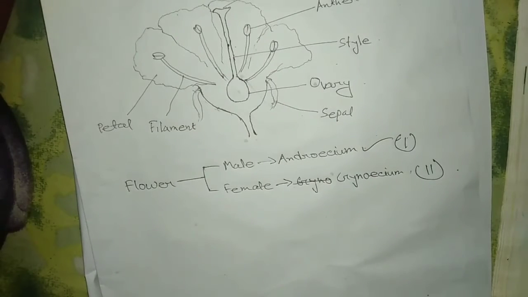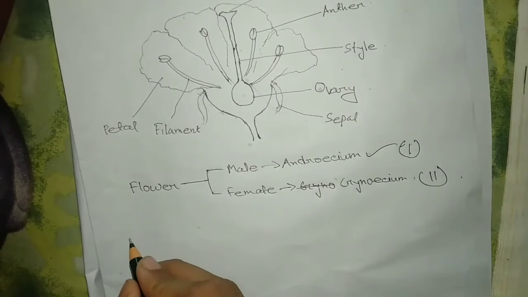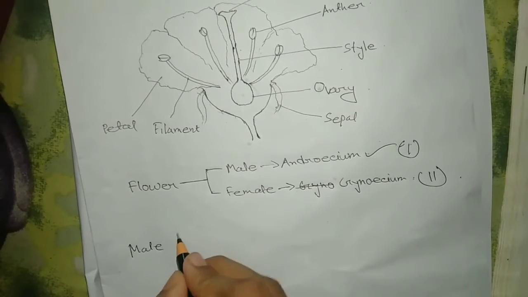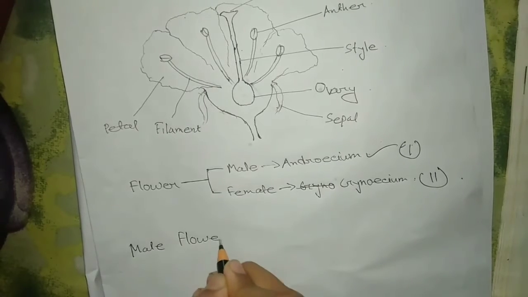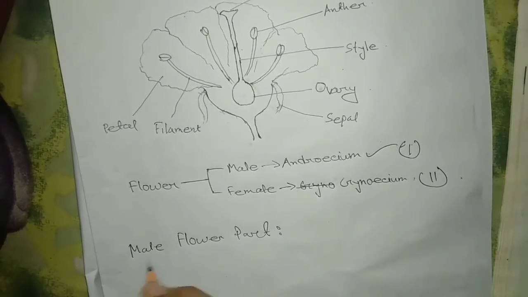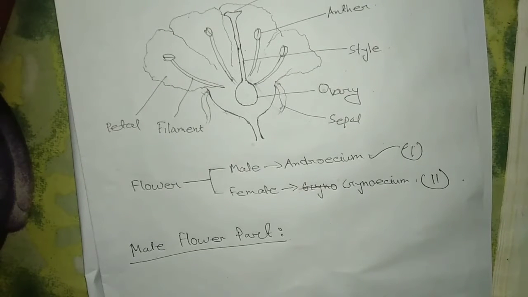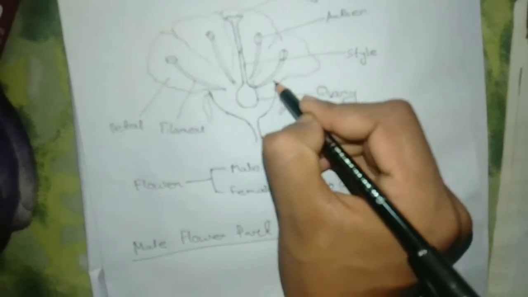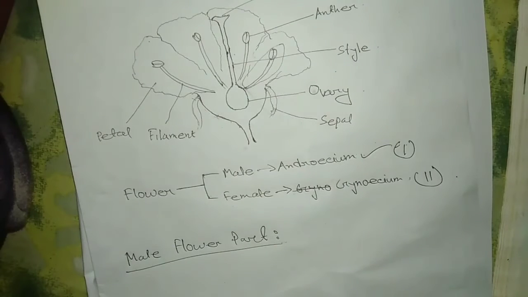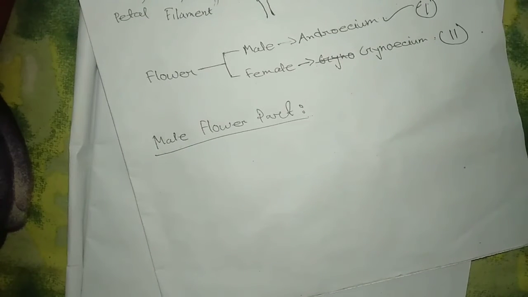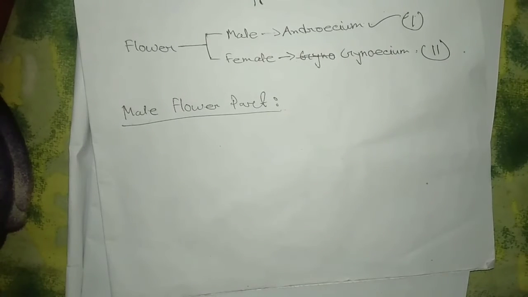Let's begin with the male part. When I am talking about the male flower part, this is the part I am indicating here. The male part of a flower has two parts: number one is the anther and the second is the filament.